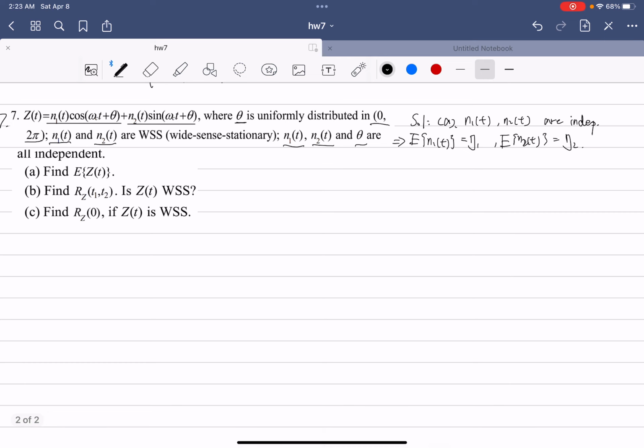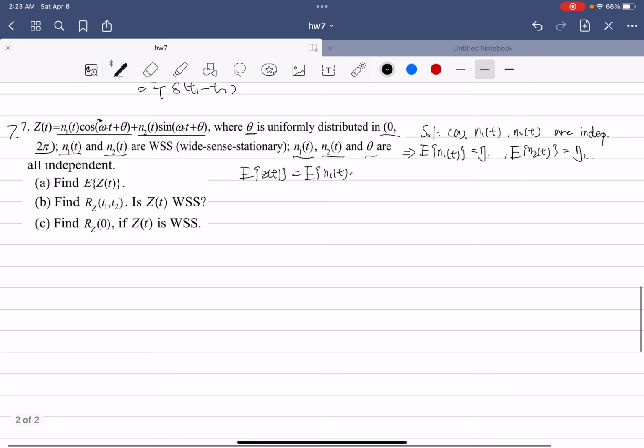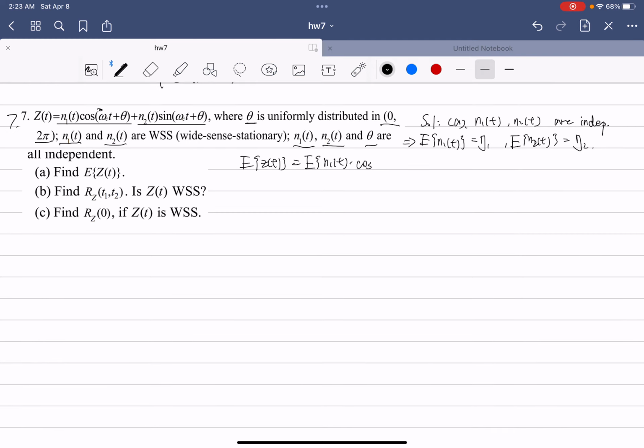so that the mean of Zt will be the mean of N1T times the first part, cosine omega ct plus theta, then plus the second part, N2T sine omega ct plus theta.